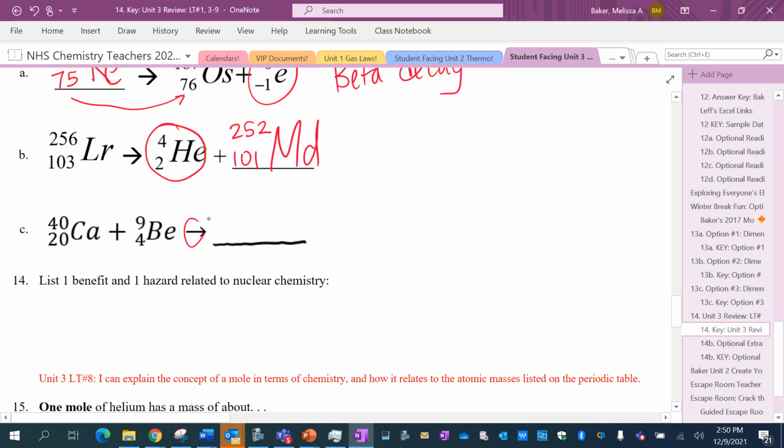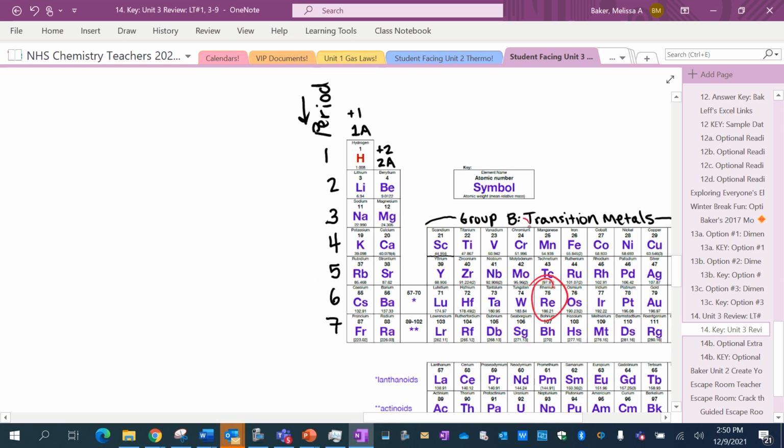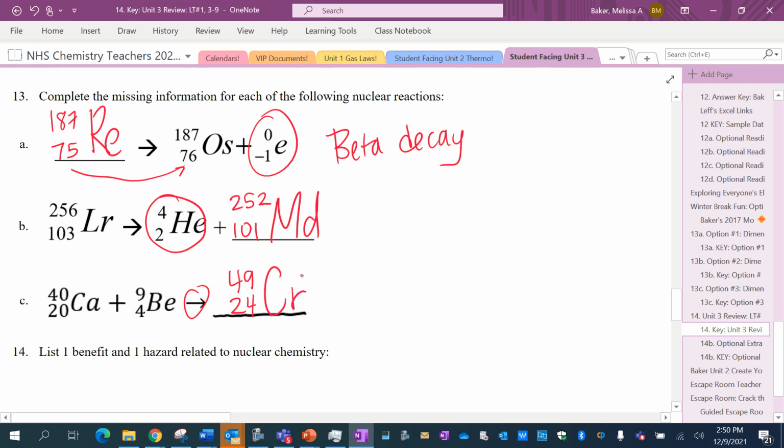Letter C, I recognize as a fusion because it's the plus sign before the arrow. So 49/24. And then we got to look up what element is 24, Cr, chromium. So we've got a beta decay, we've got an alpha decay, and we've got a fusion.